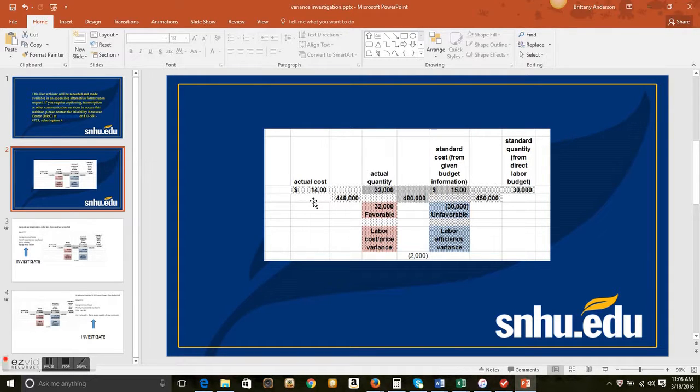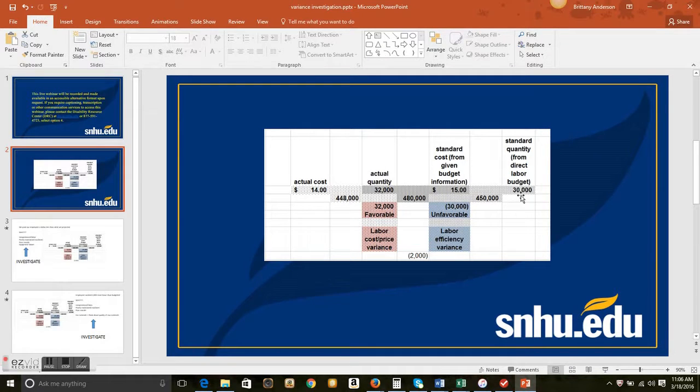So again, let's review this variance analysis. We actually paid $14 an hour. Our employees worked 32,000 hours. We projected $15 an hour at a standard amount of hours of 30,000. My $448,000 is just simply my actual cost times my actual quantity.